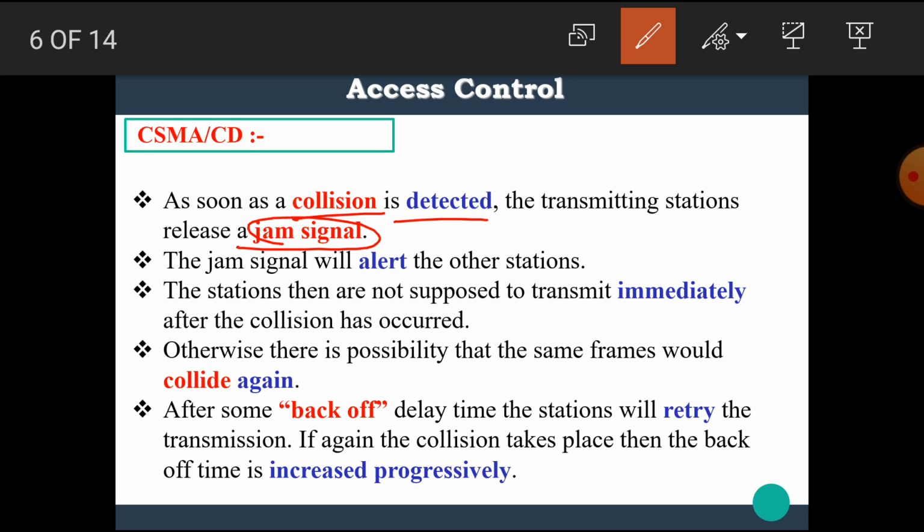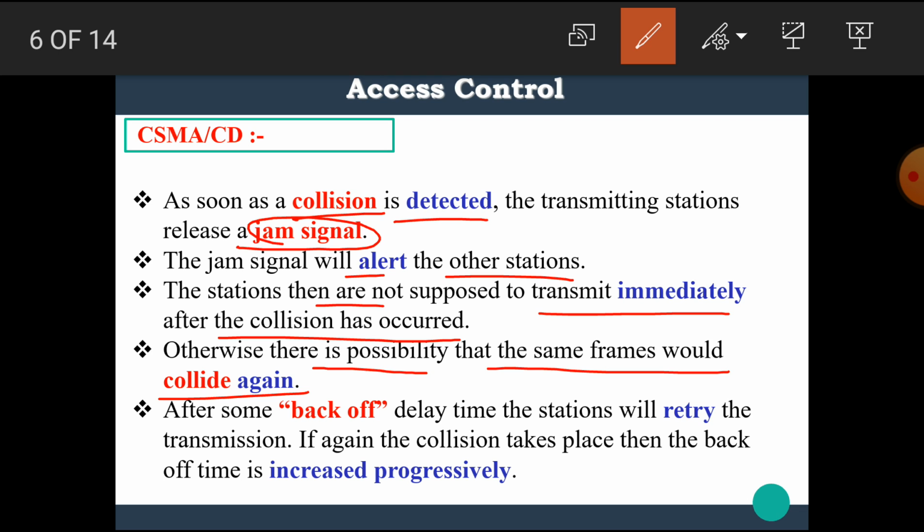The jam signal will alert the other stations. The stations are then not supposed to transmit immediately after the collision has occurred. Otherwise, there is a possibility that the same frames would collide again. After some backoff delay time, the station will retry the transmission. If the collision takes place again, then the backoff time is increased progressively.